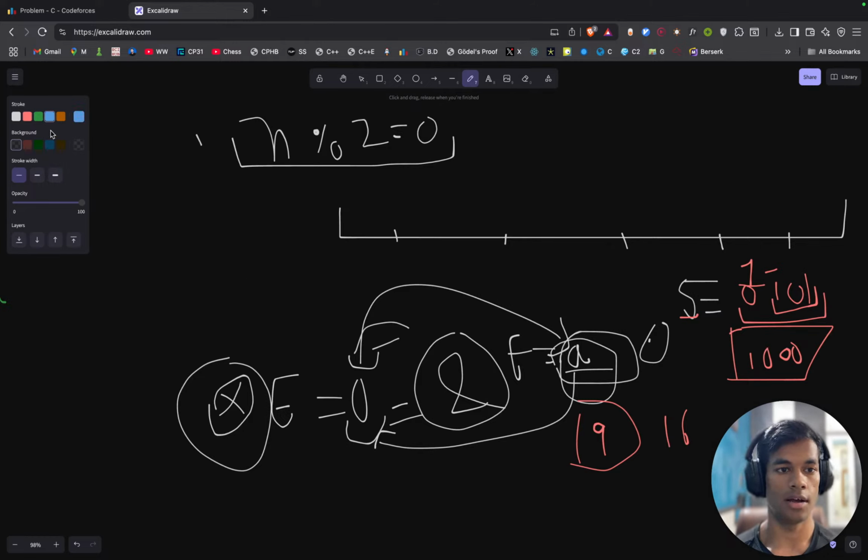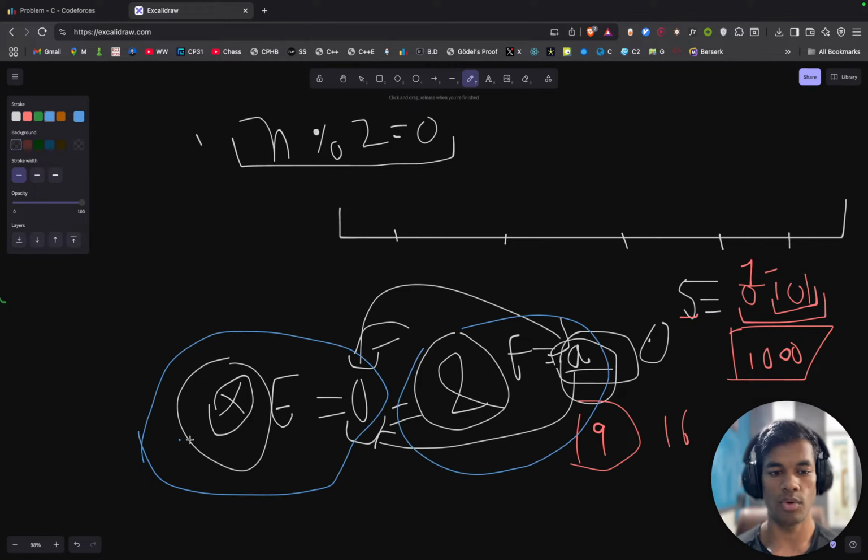I think I'm not doing a great job at explaining this, but let me try. To make both the XOR and the AND equal to 0, for XOR I do not have to do anything, because for XOR whatever numbers appear have to be in pairs.